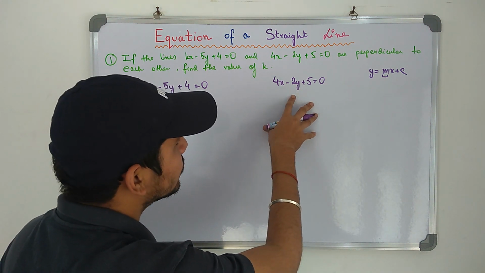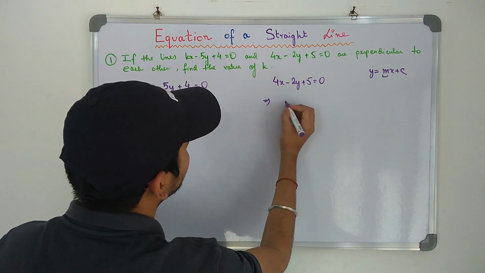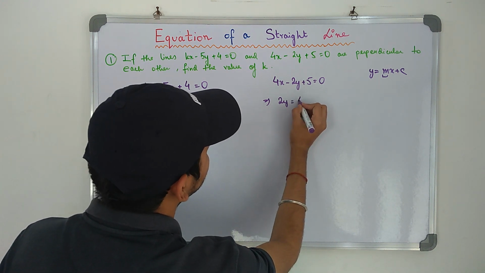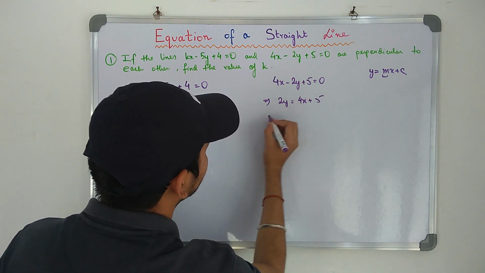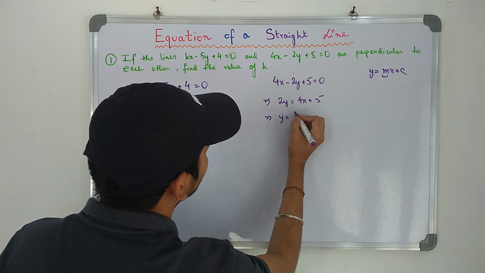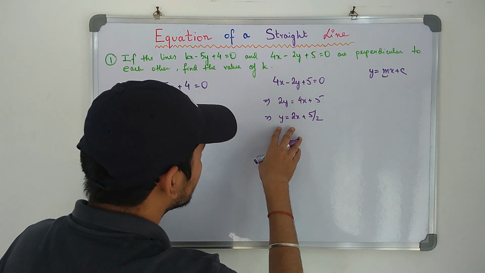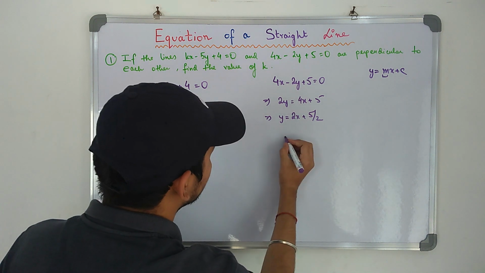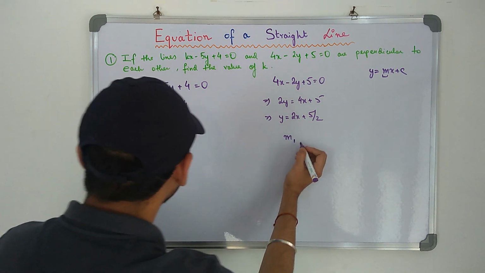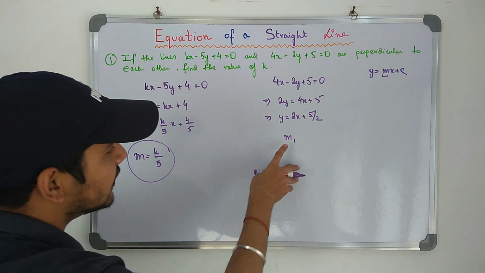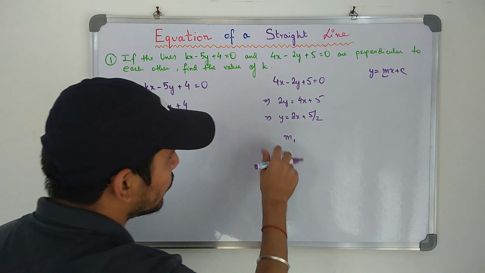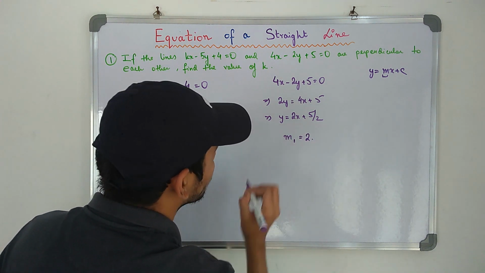Now let's take this equation in that form. What do we get? We get 2y is equal to 4x plus 5. Therefore y is equal to 2x plus 5 by 2. If we compare this equation with this, we get the value of m1. Because we have already named this m, we will take the slope of this line as m1, which is 2.